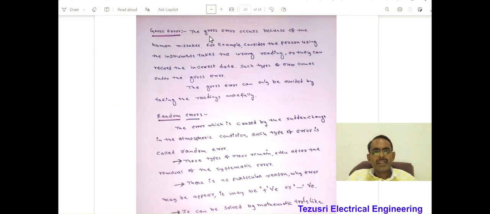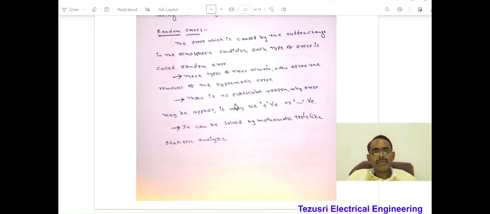Gross error occurs because of human mistakes. For example, the person using the instrument takes wrong readings or records incorrect data. Such errors come under gross error. This gross error can be avoided by taking the readings carefully.